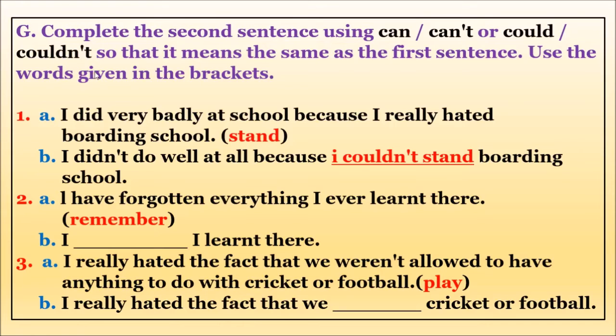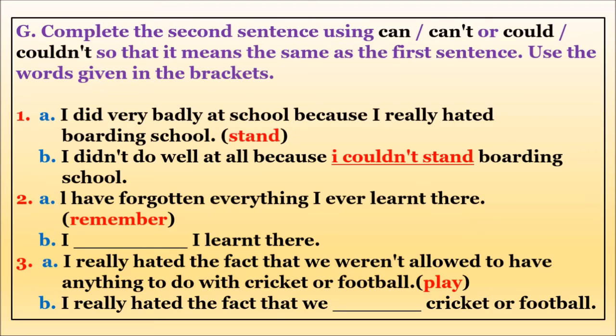Now look into the G Roman, that is in page number 45 at the bottom of the page. Can you see, at the end of the page you can see G Roman. Complete the second sentence using can or can't or could or couldn't, so that it means the same as the first sentence.